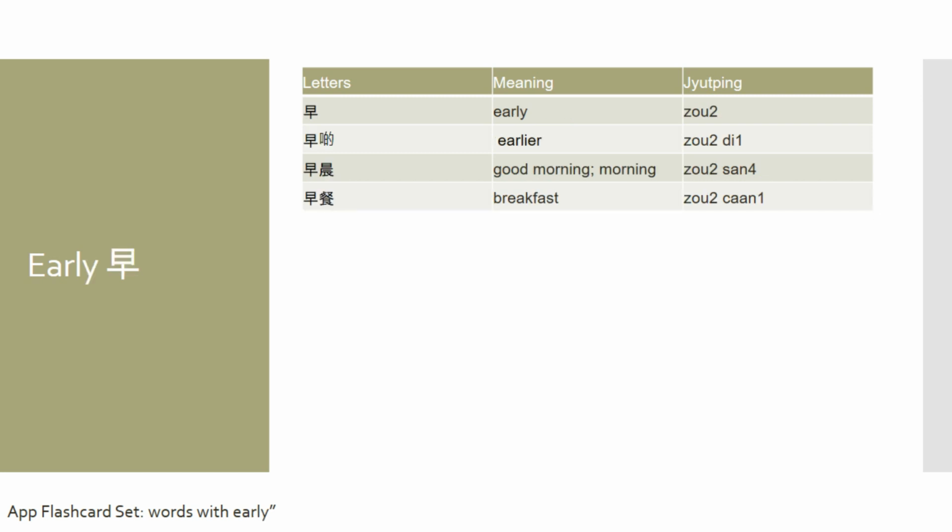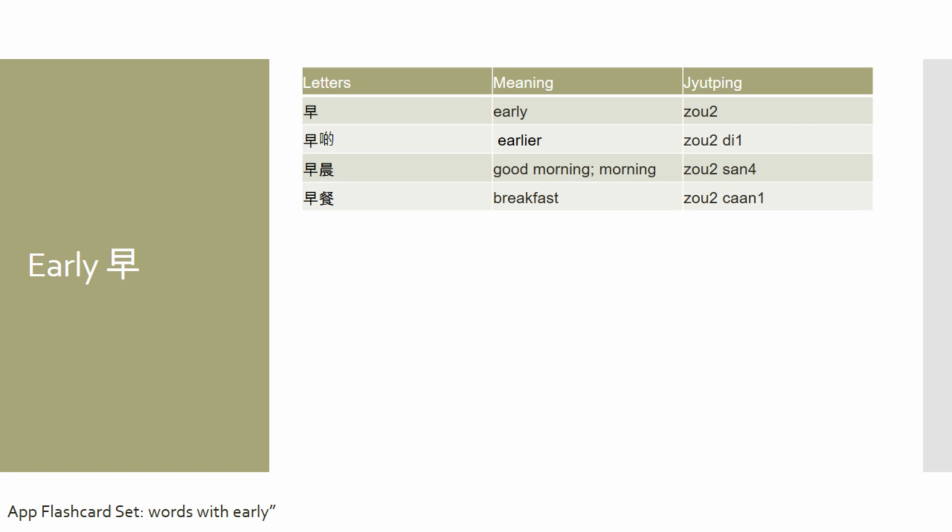The last Chinese character that I want to talk about in this lesson is the Chinese character associated with early. And in Cantonese, it is pronounced zhou. If you want to say earlier in Cantonese, then you would say zhou di.